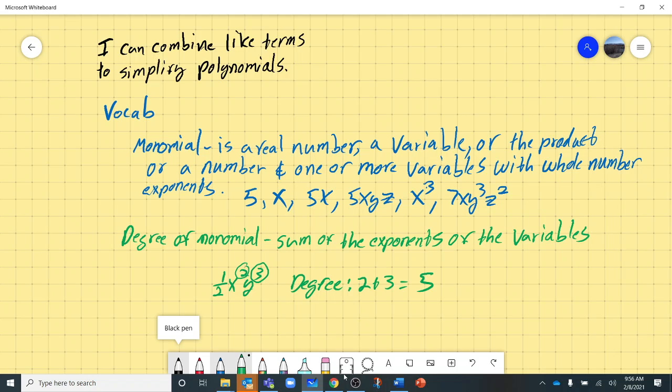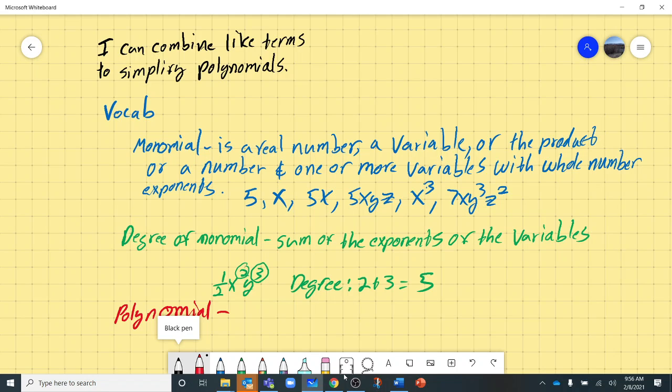The next vocab is polynomial. Polynomial. And a polynomial is a monomial or the sum of or difference of two or more monomials called terms.